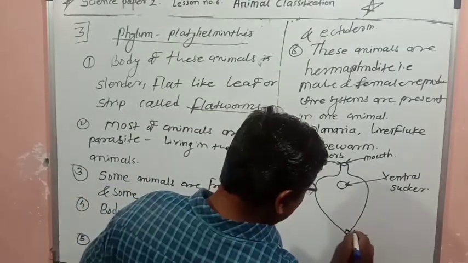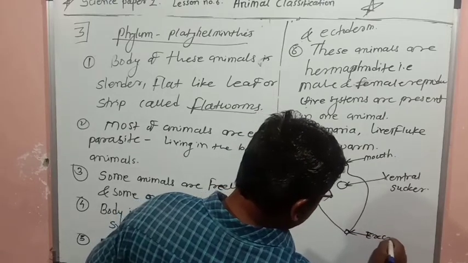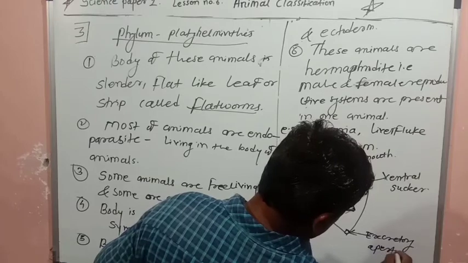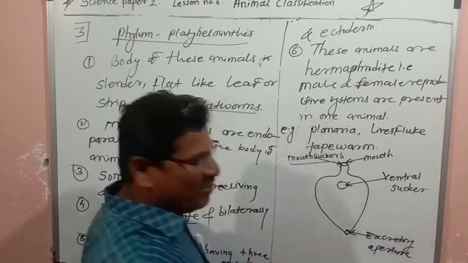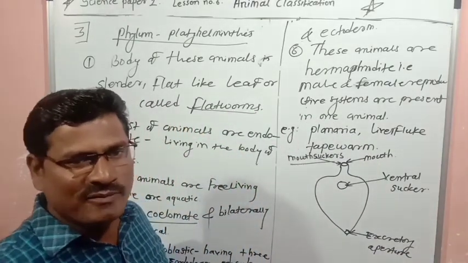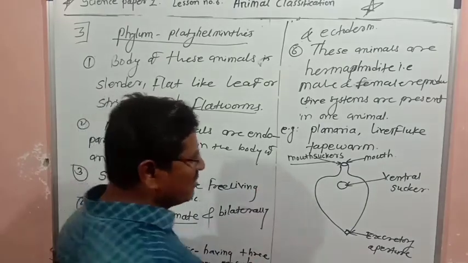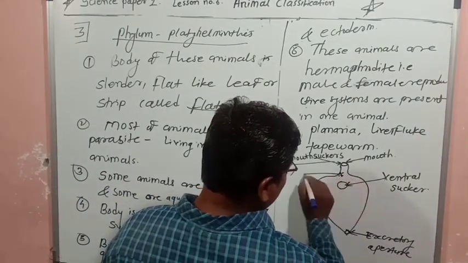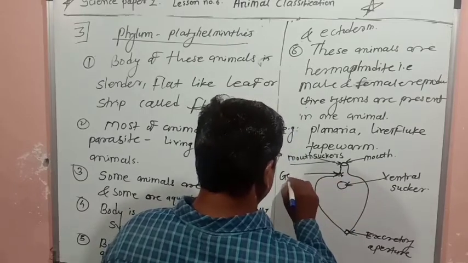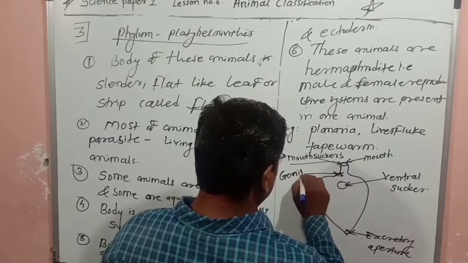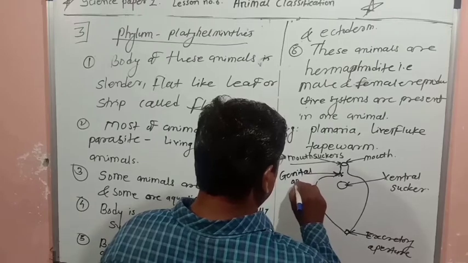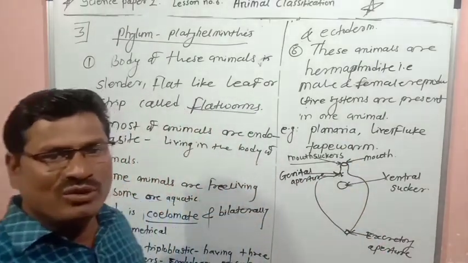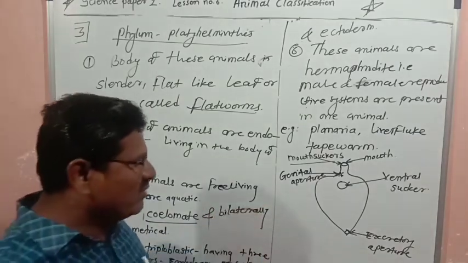Another thing is the excretory aperture, here. Then the genital aperture will be here. So again, a leaf-like body.